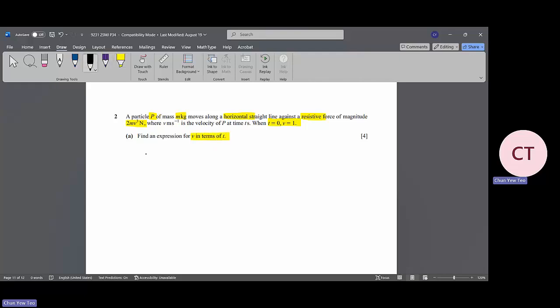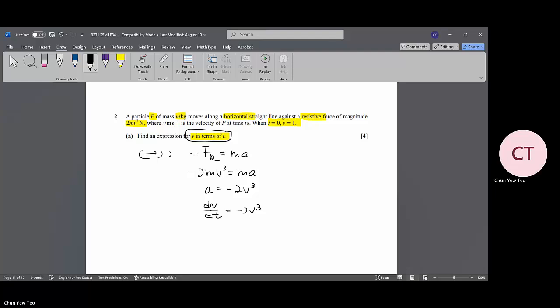If you resolve the forces horizontally, you get the negative frictional force is equal to ma. So the resistance force is actually negative 2mv cubed equal to ma. So you will get a is equal to negative 2v cubed. We want the answer of v in terms of t, so we need to change our a to dv/dt. Then you just need to bring it over to dt.